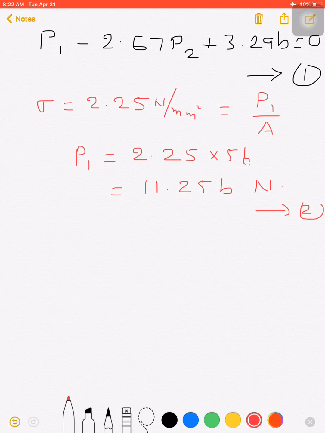Now we know that, as per given, the power transmission is equal to 15 kilowatt. Power is equal to P1 minus P2 into velocity.